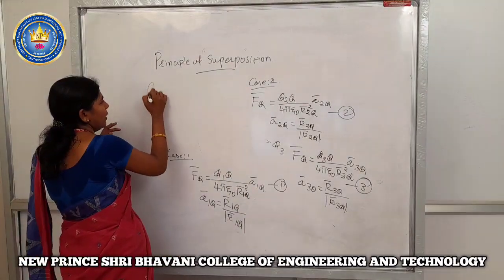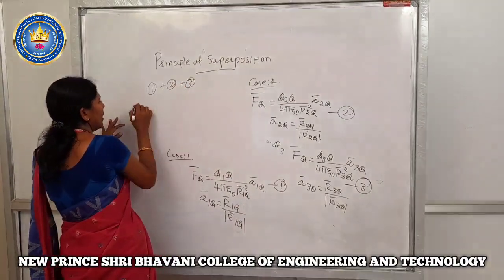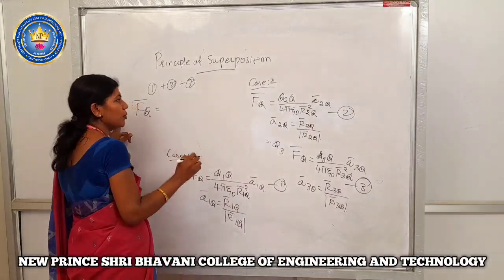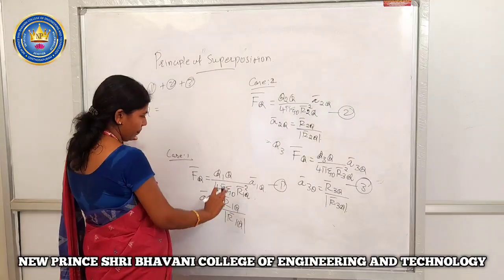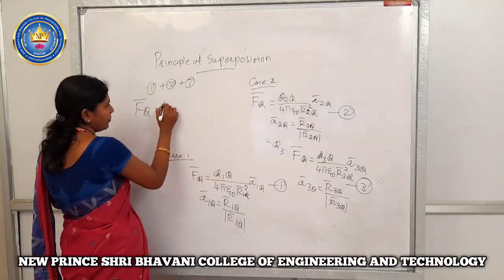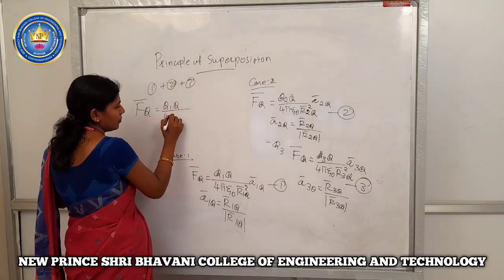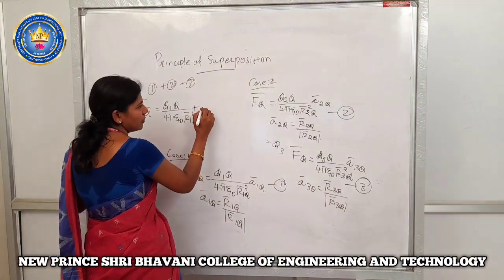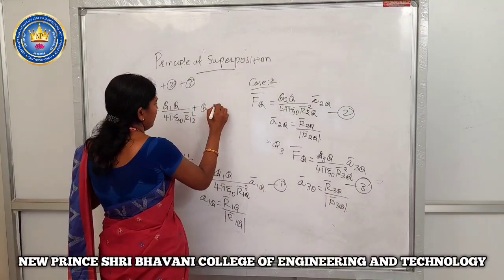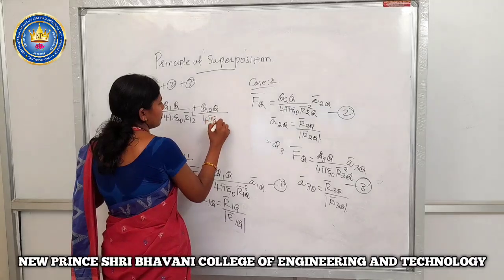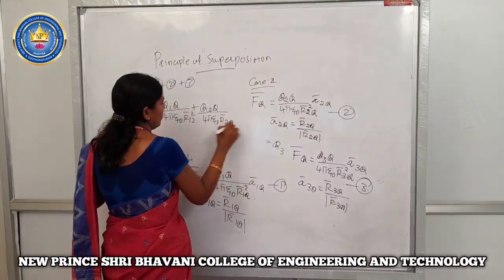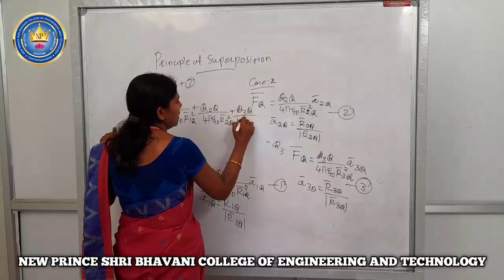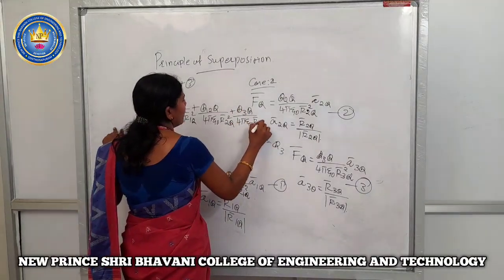So adding equations 1, 2 and 3, the total force on Q due to Q1, Q2 and Q3 is F Q bar is equal to the first term, divided by 4 pi epsilon naught r bar 1Q squared, plus the other terms, plus the last term, divided by 4 pi epsilon naught r bar 3Q squared.